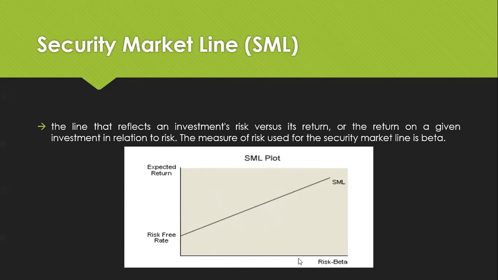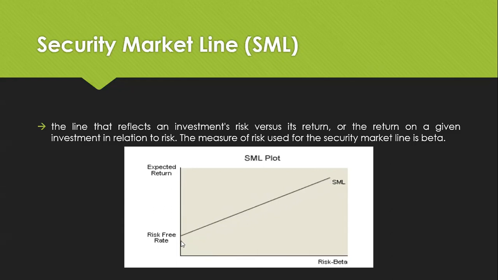As we move to the right, risk increases, and you also notice that the return increases. This supports our theory that the higher the risk, the higher the return. If you move towards your right, you are increasing risk, which means you also need to increase your expected return. So this is your security market line.